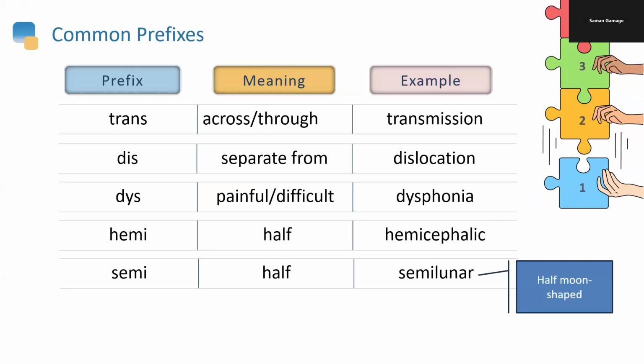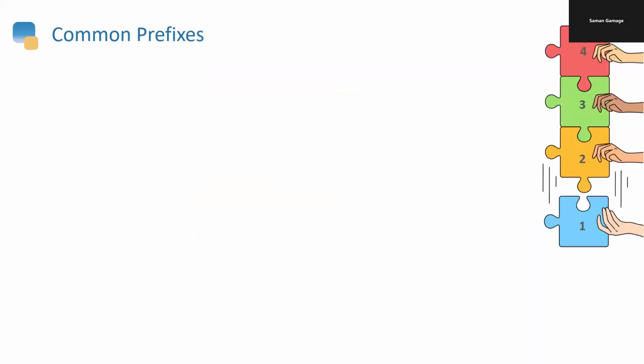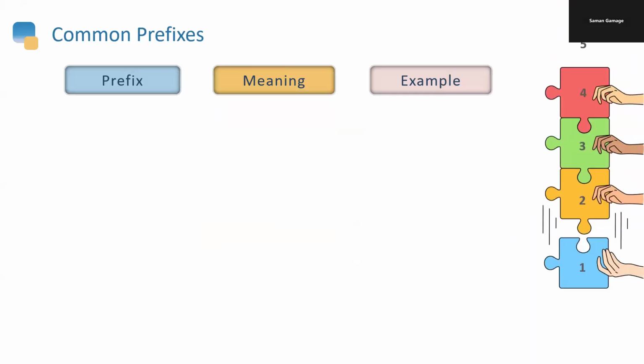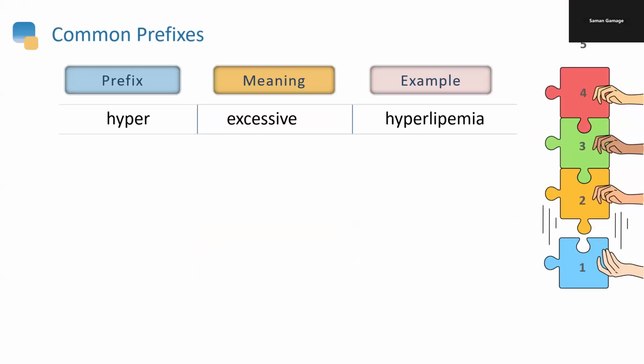Semi, again, is referring to half. Semilunar means half moon shaped. Lunar means moon. Semilunar is half moon shaped. Some more prefixes. Hyper is excessive.